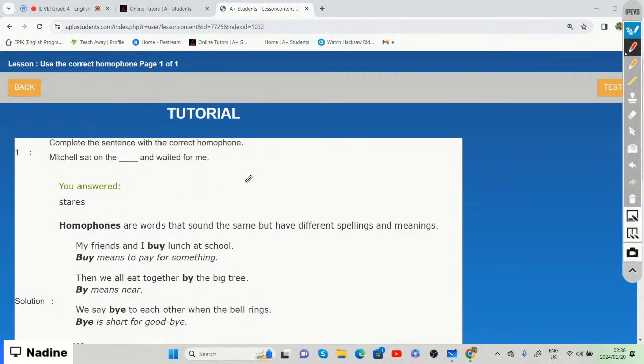And the reason why we're saying stairs, yes, two words: stairs and stares. So which one is the correct one? Michelle sat on the stairs and waited for me. Which one is correct?